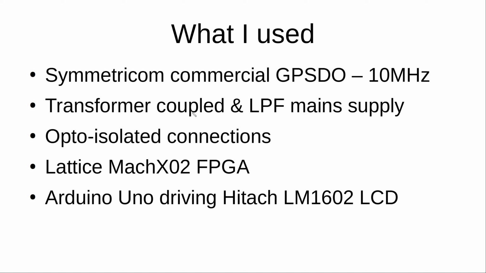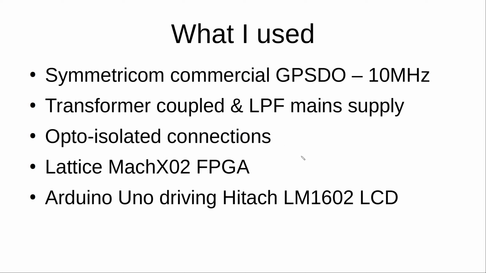I used a transformer coupled output from the mains. It actually comes from a wall clock, which is mains synchronous. So this ended up being a 6-volt AC sine wave from the mains. It goes through a small low pass filter, and then onto a board with an opto-isolator connection.